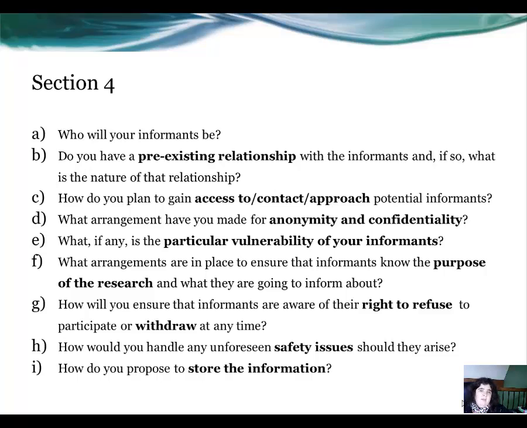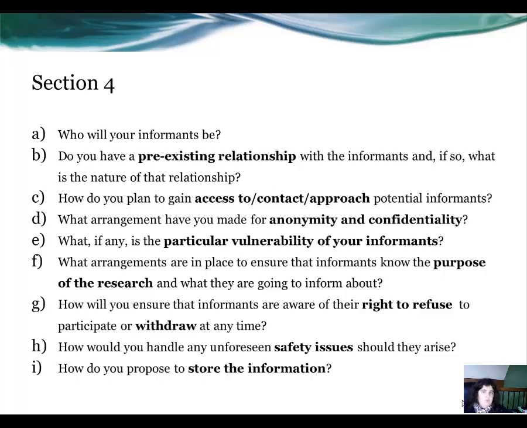The next is about gaining access, contact, or approaching the informants. So here you should consider a number of things, and that's first of all the access to. And also you can, in the same paragraph, talk about the contact. So it could be that you are accessing a publicly available database on companies, which entails contact numbers and names of individuals.